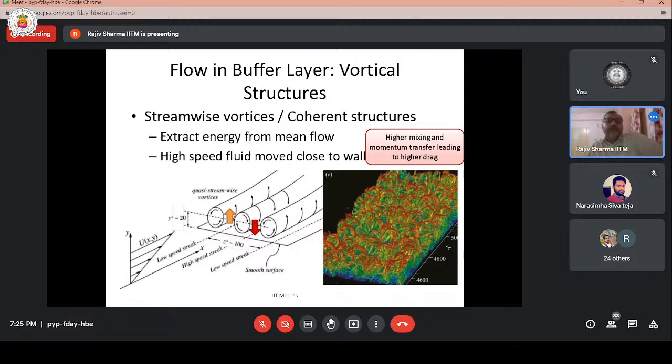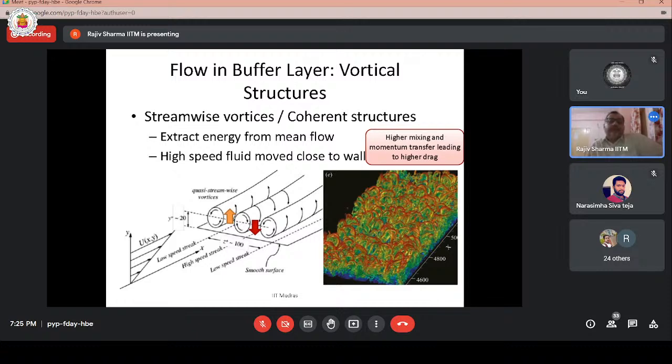High speed fluid will move close to the wall and this higher mixing, momentum transfer basically lead to higher drag. So in general, when we talk about mixing, when we talk about momentum transfer, when we talk about turbulence, when we talk about bursting of bubbles, when we talk about cavitation, all of them are likely to increase the drag.